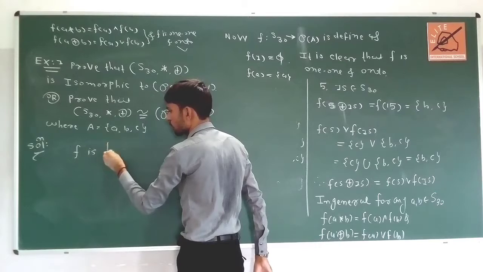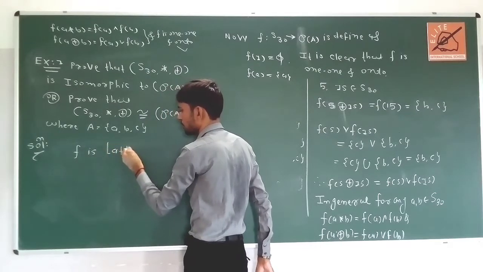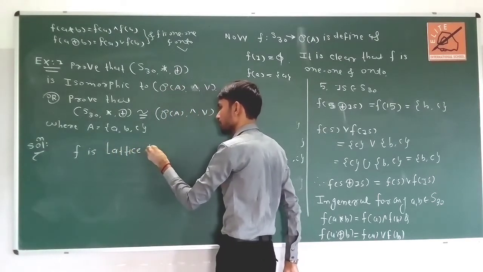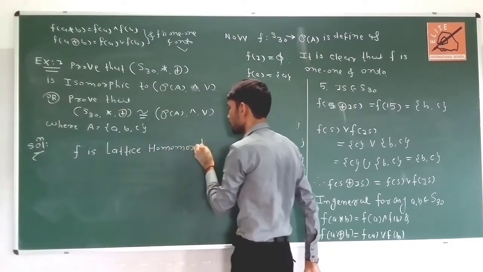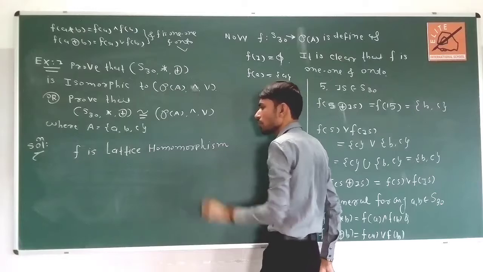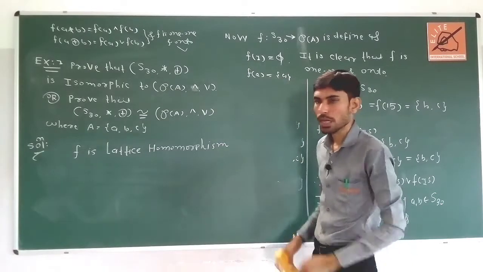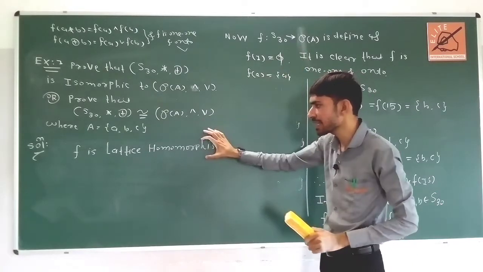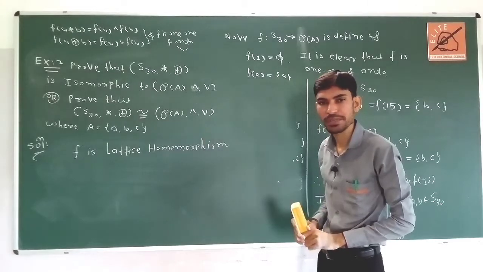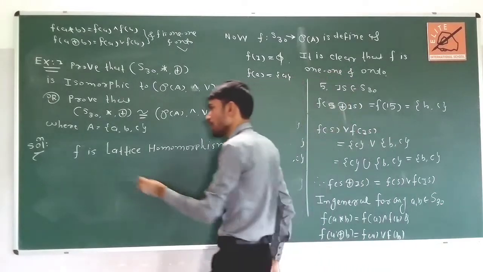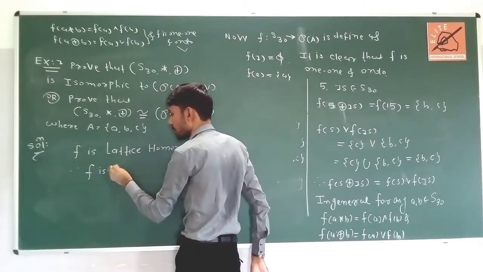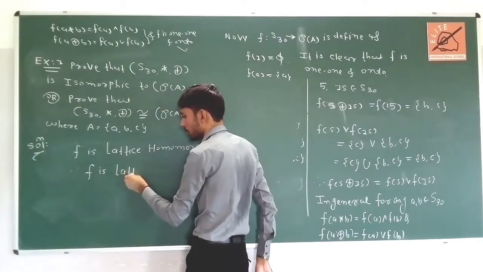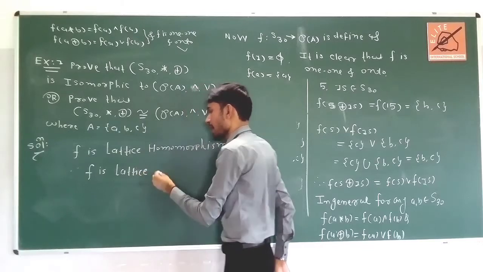f is lattice homomorphism. So this is the definition of the lattice isomorphism. Our function f is 1-1 and lattice homomorphism. That means our function f is the lattice isomorphism. So here we write as f is lattice isomorphism.